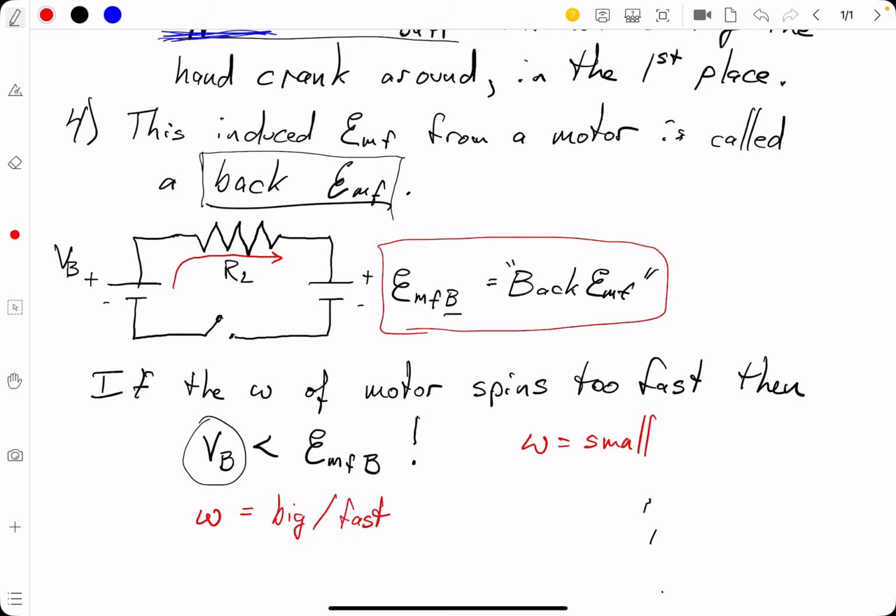It's going gangbusters. Well, then all of a sudden, the back EMF, I just did a number on my load resistor, becomes greater. Okay, so when it's greater, we have this situation, and our current then will start to flow in that direction, charging up the battery.